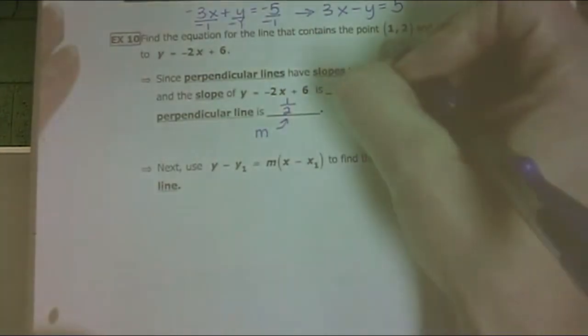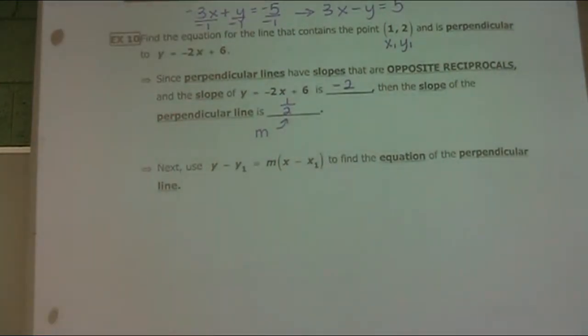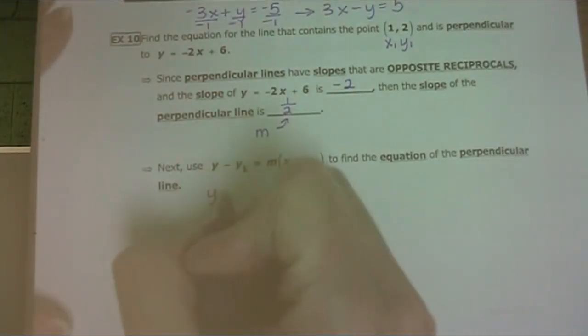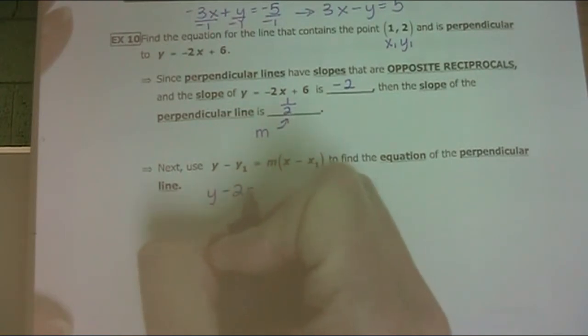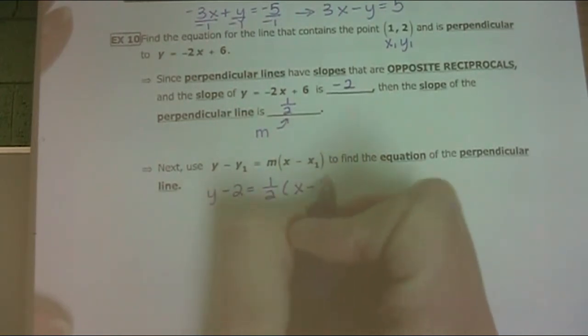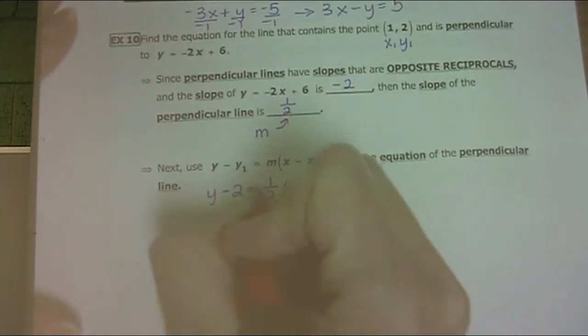And we're going to use x1 and y1 from the point (1, 2). And now we're going to use our point-slope formula to write our equation. So I have y minus 2 equals 1/2 times x minus 1. I can't have fractions in the equation in standard form, so multiply both sides by the denominator of 2.